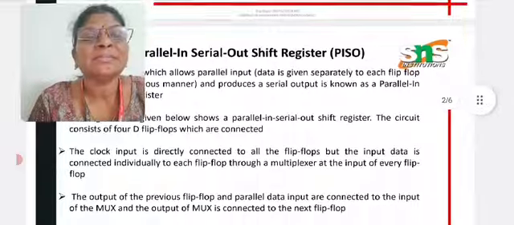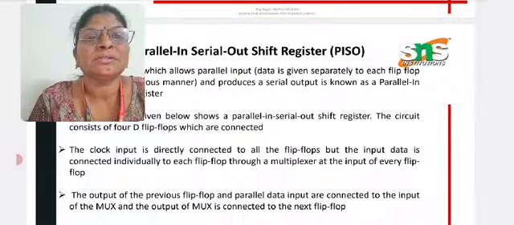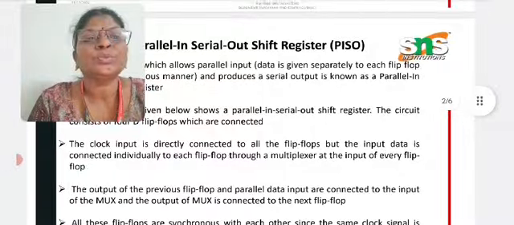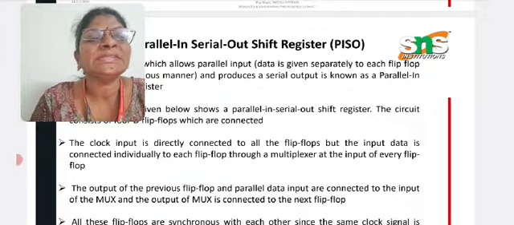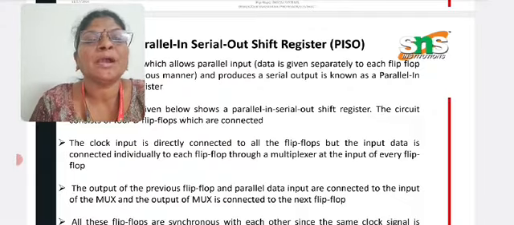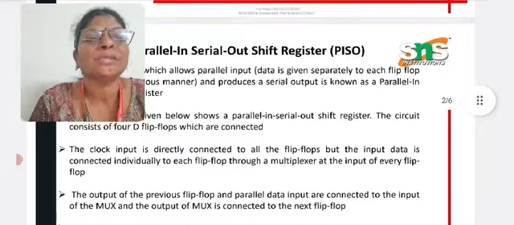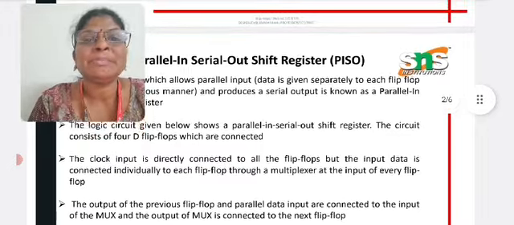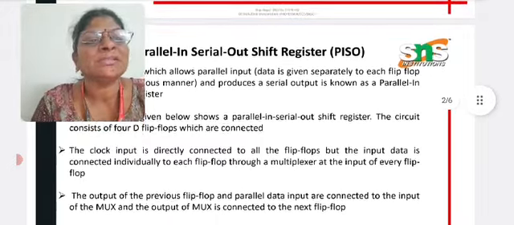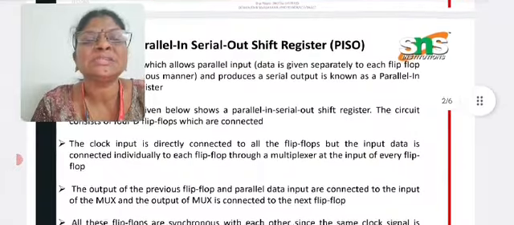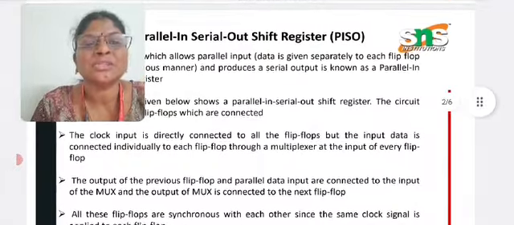So first, parallel in serial out registers. This parallel in serial out register allows parallel input data, which is given separately to each flip-flop, and produces a serial output. The logic circuit shows a parallel in serial out register. It consists of D flip-flops which are connected.